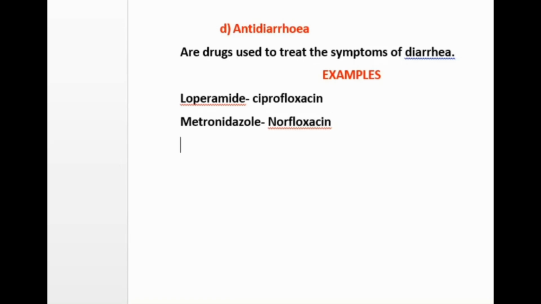The fifth is zinc sulfate. The sixth is cotrimoxazole.